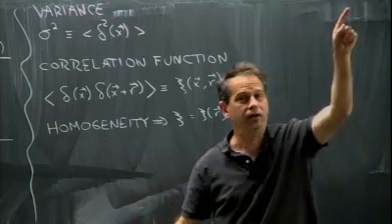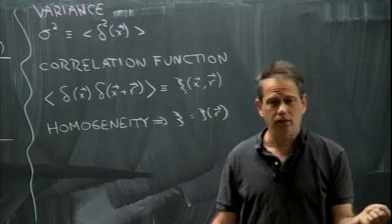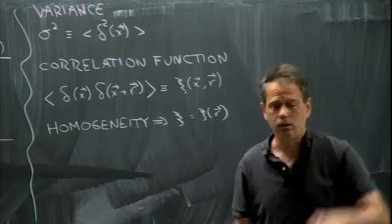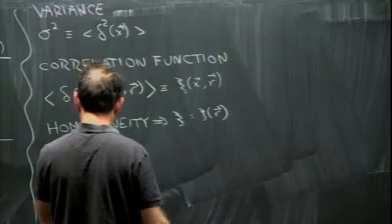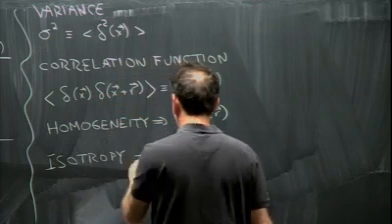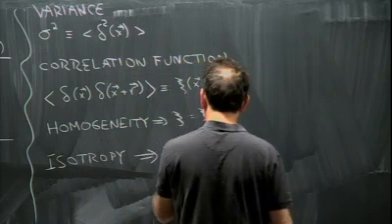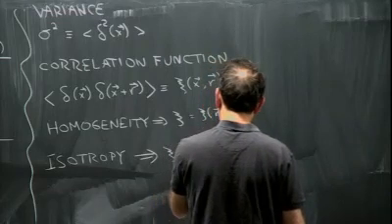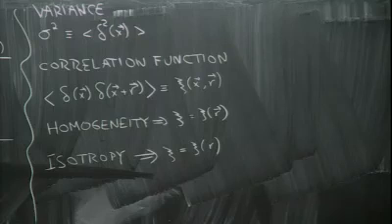It shouldn't matter whether I look in that direction or that direction. So it shouldn't depend on the direction of r. It should just depend on the magnitude of r. So isotropy. And you can imagine, in fact, people have imagined breaking this. But the simplest idea is that the universe is homogeneous and isotropic. In that case, the correlation function depends only on the distance r.